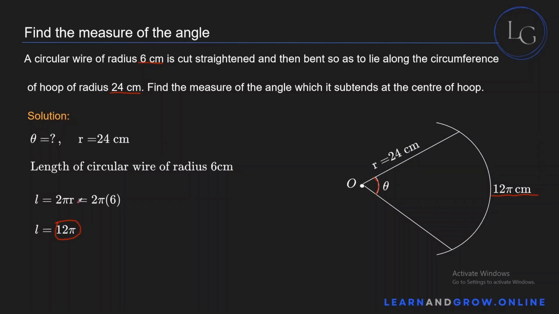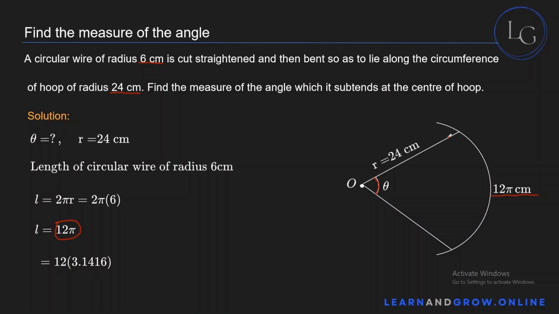And now this entire 12 pi wire is subtended in a way that the angle from O, the center, is theta, and the radius, instead of being 6 centimeters, is 24 centimeters, because now we're not having the entire circle, it's just an arc.